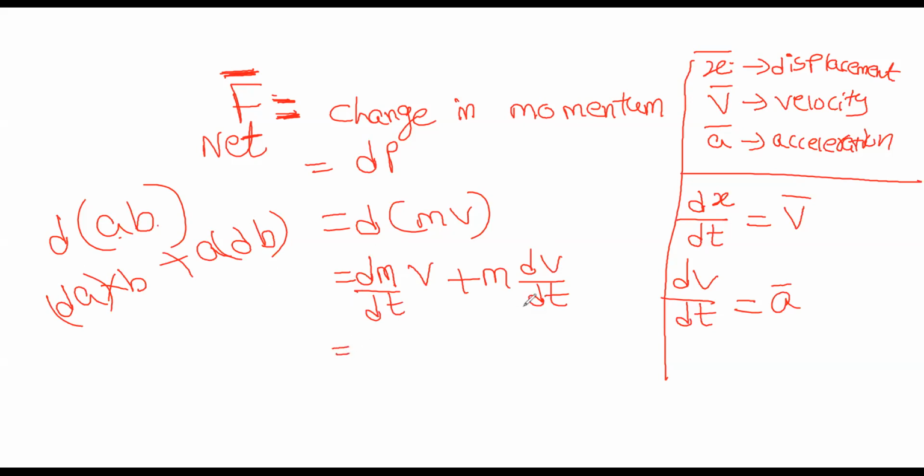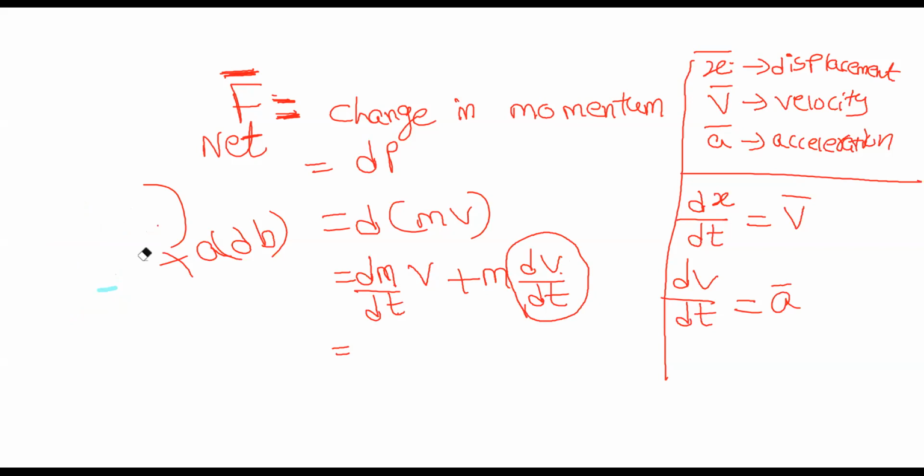So what is this? The actual physical representation of dv by dt is change in velocity with respect to time, right? Yeah. This is change in mass with respect to time, correct? dm by dt means, yeah.